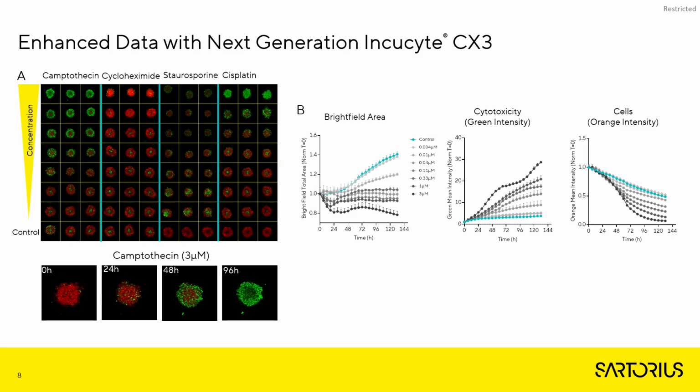Microplate view at 5 days shows both the cytotox response in green and cells in the spheroid in red. A, in the zoomed-in images, highlights that cell death starts peripherally. Quantification of the CMP responses, in B, shows an increase in green and decrease in orange fluorescence over time.